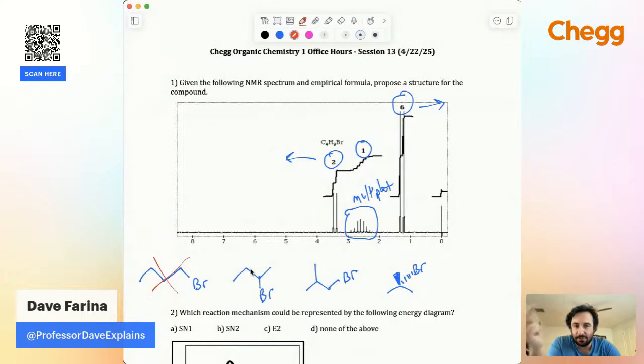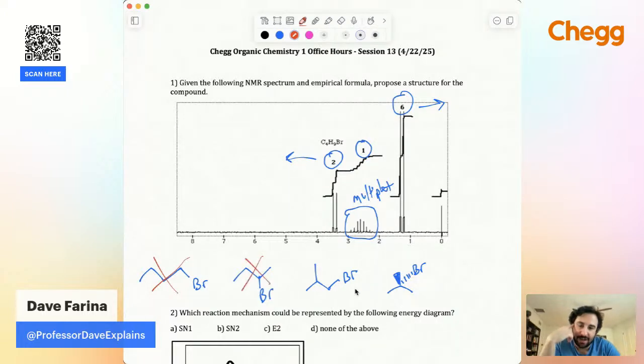So they would offer 2 different resonances, and the one over here would be more downfield because it's closer to the bromine. So here, again, we're going to expect 4 peaks. The most upfield would be this methyl, and then somewhat tied would be one integrated to 2 and one integrated to 3 for the CH2 and the methyl there. And then the most downfield would be one integrated to 1, and that would be heavily split into a multiplet. But we don't see 4 peaks. We see 3. So that doesn't really work here. So let's say no to that one.